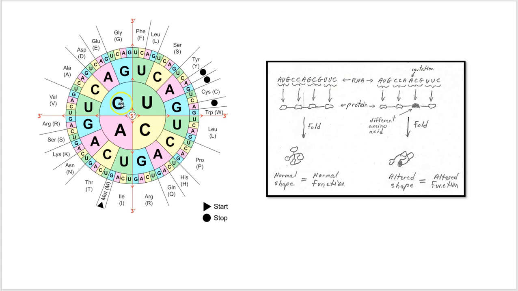Well, GCG is alanine, so this triplet codes for alanine, but an ACG is threonine. So a mutation here that changes the letter from a G to an A changes the amino acid from an alanine to a threonine, and that might affect how the protein folds up, and if it folds up differently, it might affect the function of that protein. It might lose its function, or perhaps gain a new function.